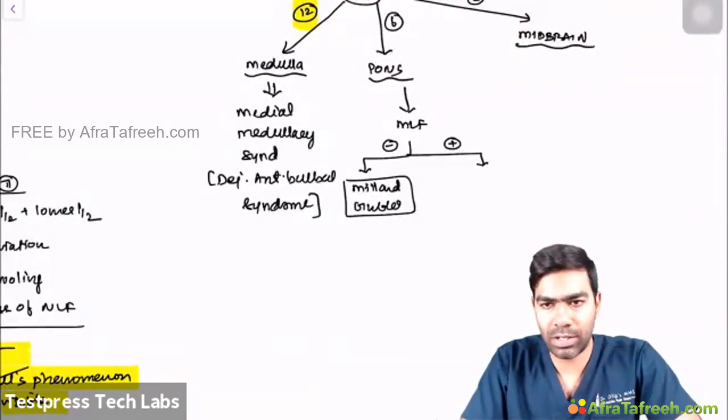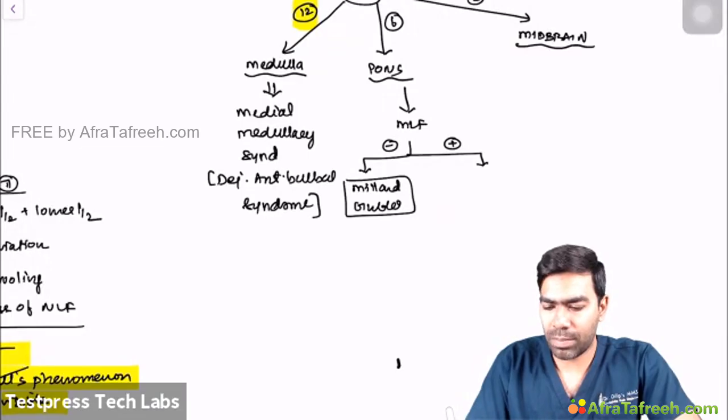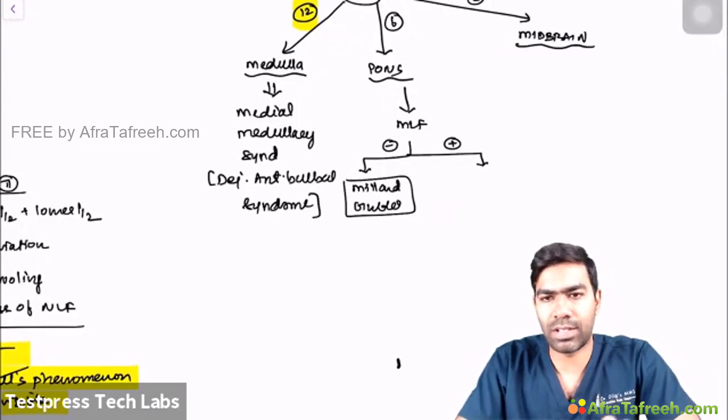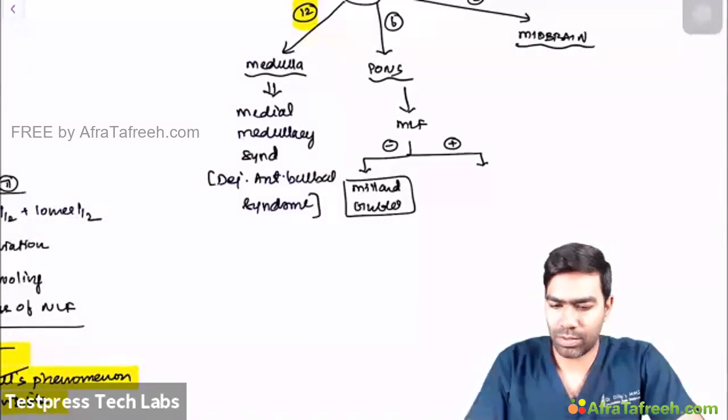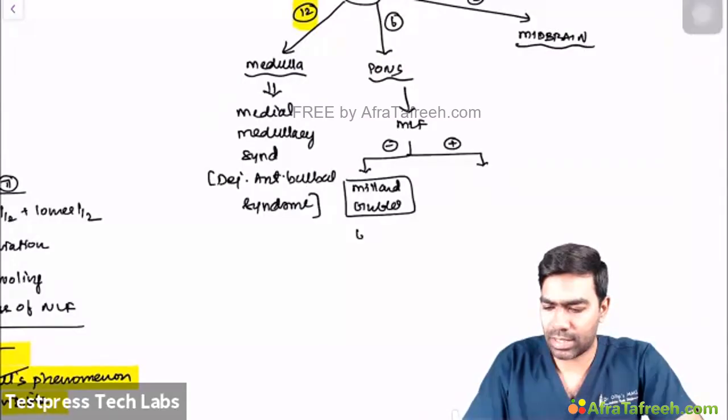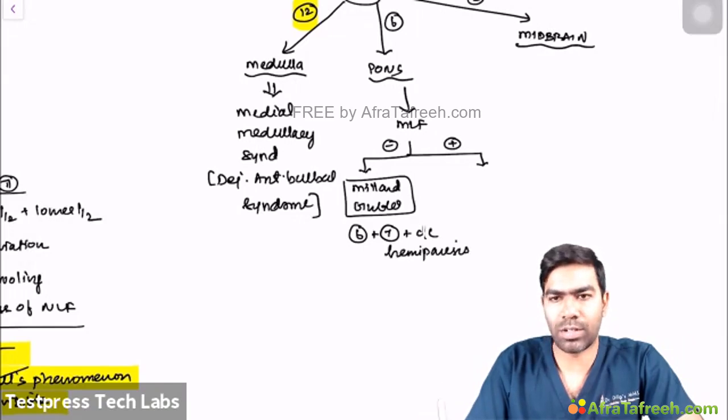So Millard-Gubler syndrome is basically going to have seventh nerve involvement plus sixth nerve involvement, and they will have contralateral hemiparesis also. I can write sixth nerve involvement plus seventh nerve involvement plus contralateral hemiparesis. So this is Millard-Gubler syndrome.